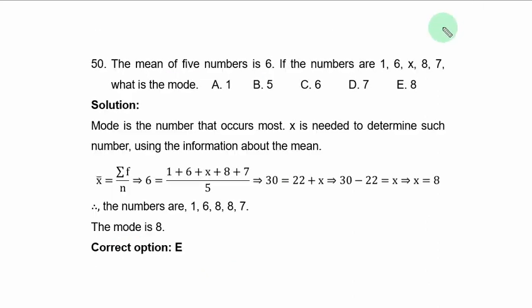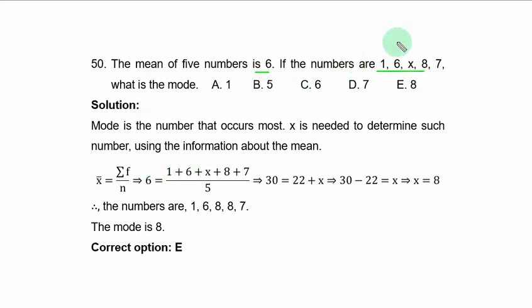Question 50. The mean of 5 numbers is 6. If the numbers are 1, 6, x, 8, 7, what is the mode? Before the mode, x is needed, which can only be determined using the information about the mean.